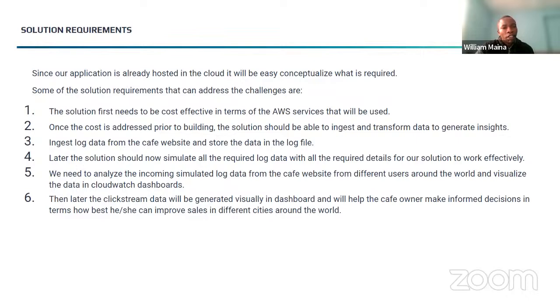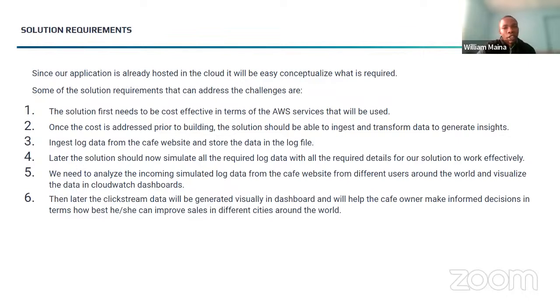IP addresses, right, how can we now ingest that log data from the Cafe website and store the data in the log file? So this log file will just hold the data containing all the information about a particular user or particular users from all over the world.